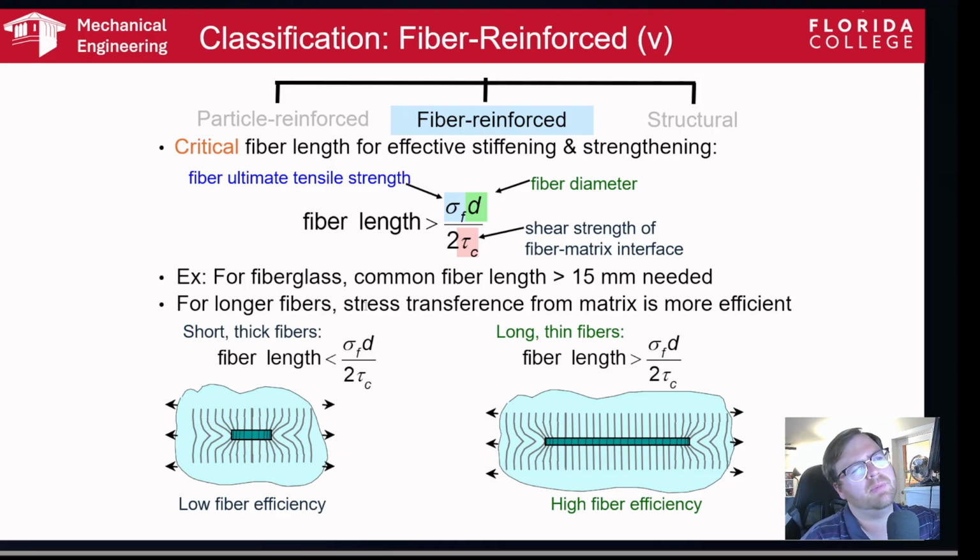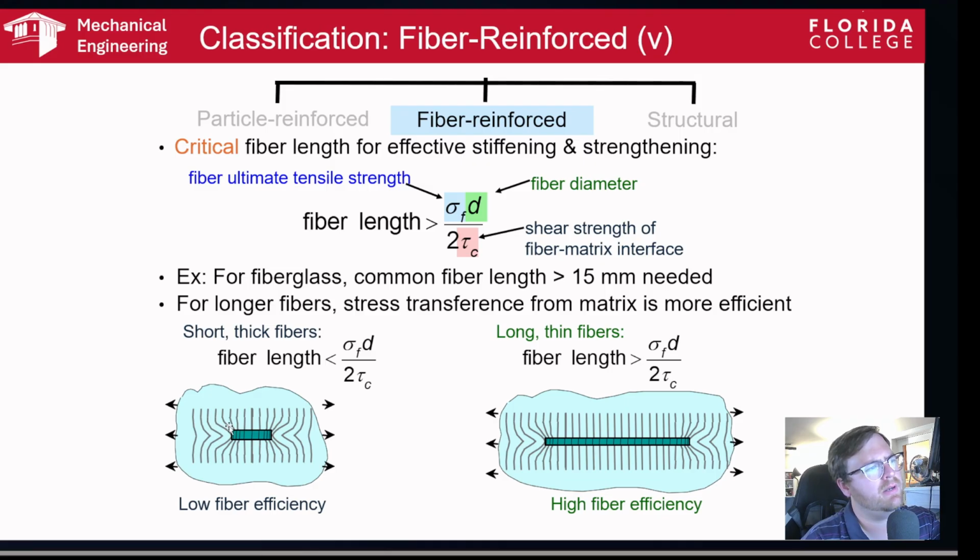For longer fibers, stress transference from the fiber is more efficient. What we see here is that these short and thin fibers are being pulled in the matrix, and this represents how much stress is being transferred into the fiber.